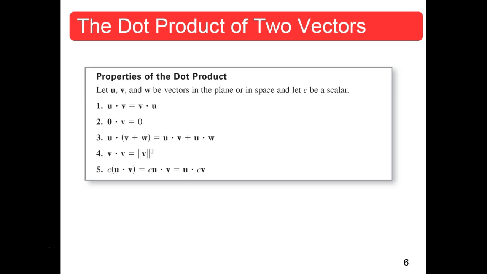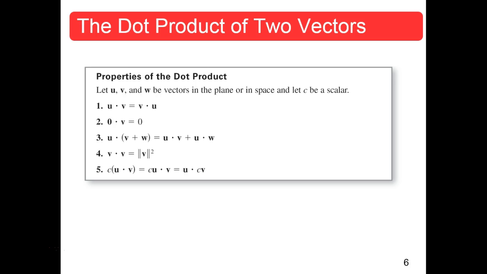Okay. Number 3, if you dot a vector with the sum of two other vectors, then that's the same as the dot of the first two vectors added to the dot of the other two vectors. It's sort of a distributive property of dot products over vector addition.